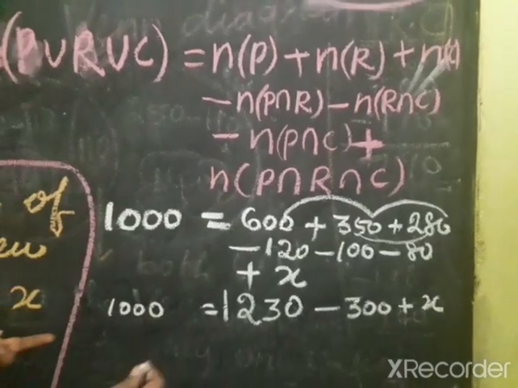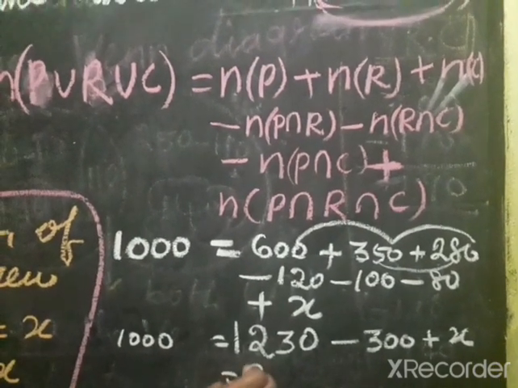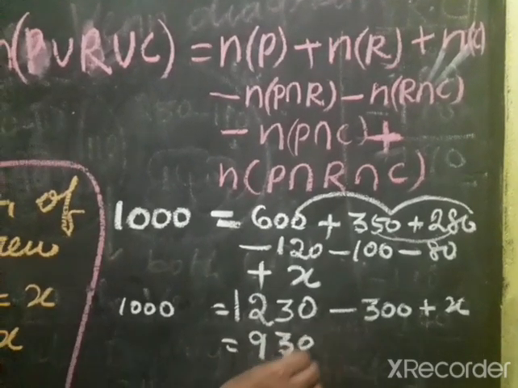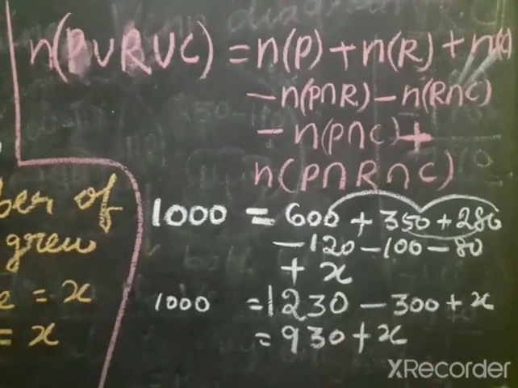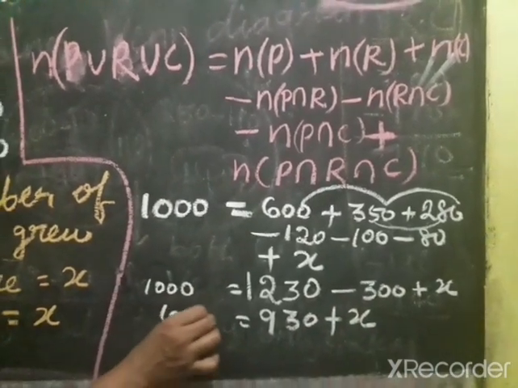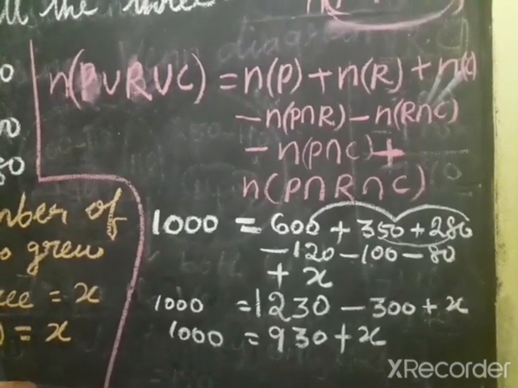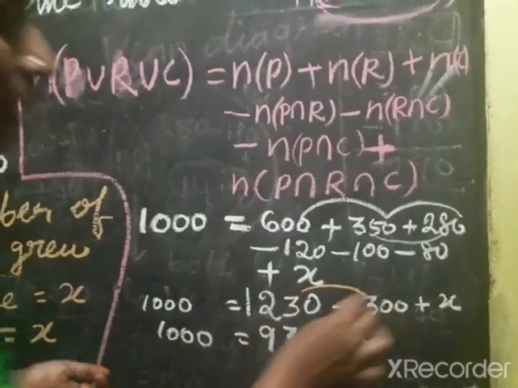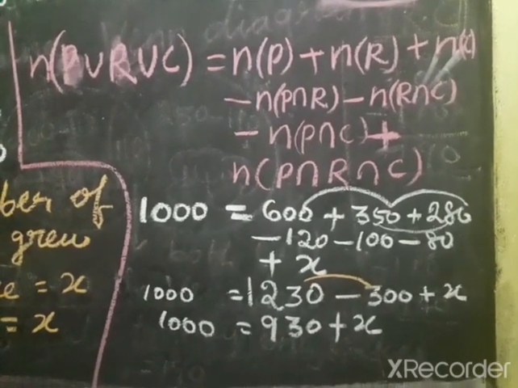Next, subtract these values, and we get 930 plus X. Okay, 1000 is equal to 930 plus X. Now what do we have to find out? The X value.